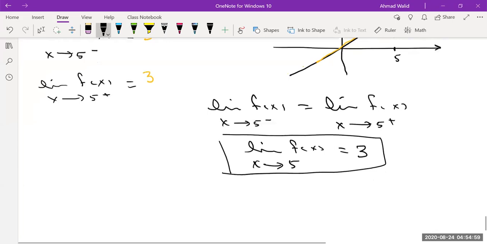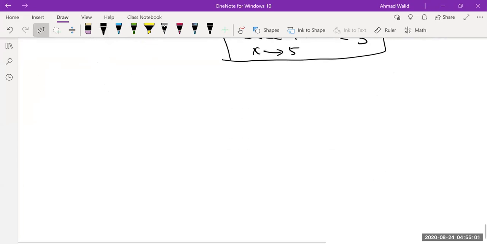Enough examples? One last discussion. Before that discussion, I will do this example for you.